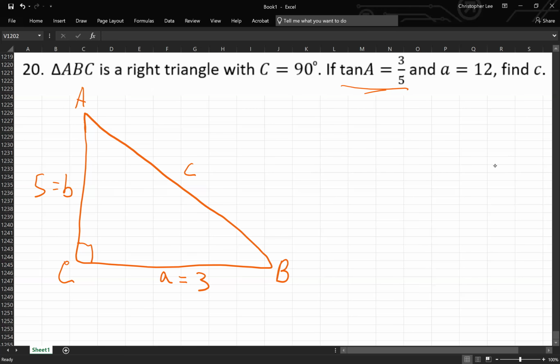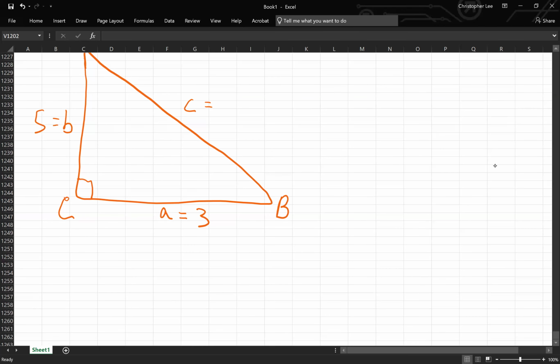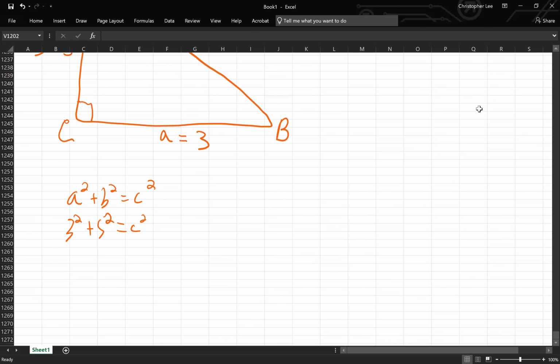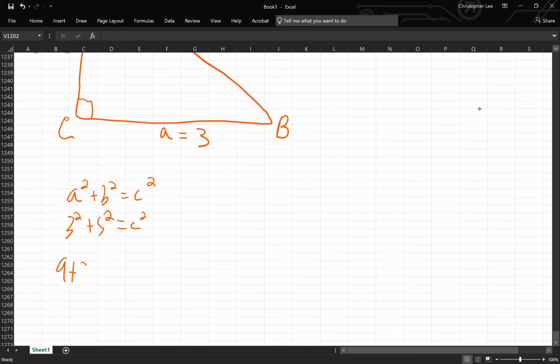So now I got to figure out what's C, right? Real simple to figure out C. We just use A squared plus B squared equals C squared. 3 squared plus 5 squared equals C squared. 9 plus 25 equals C squared.